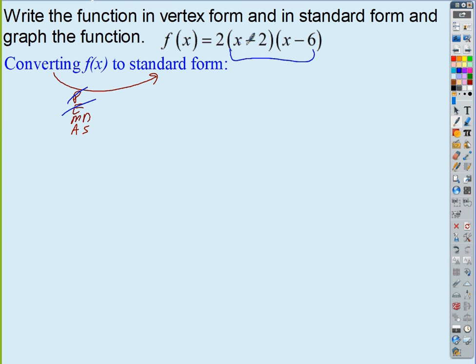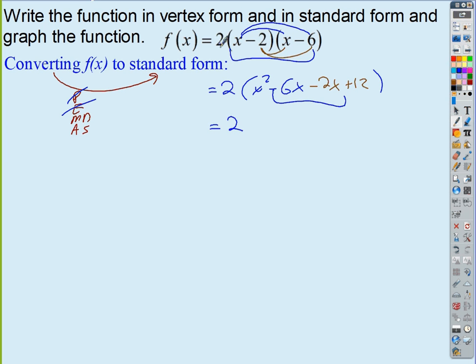So I've got to distribute the x first. So I'm going to get x squared minus 6x, good. Now if I'm distributing the negative 2, minus 2x plus 12. Okay, and if I add up like terms, those combine, right?